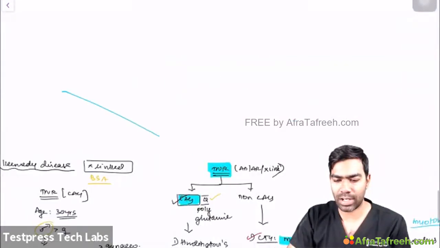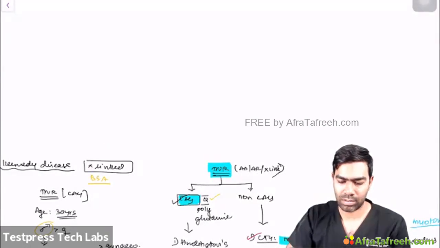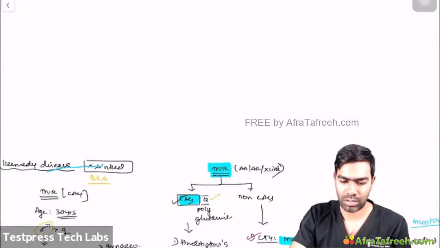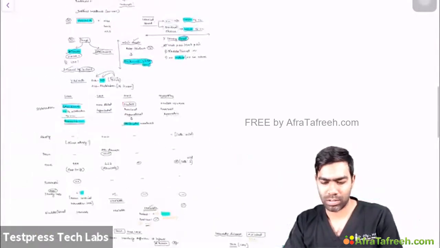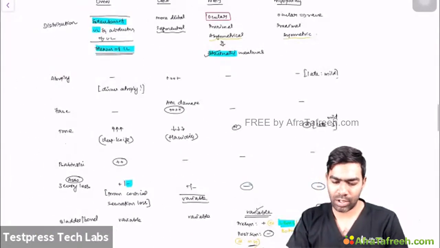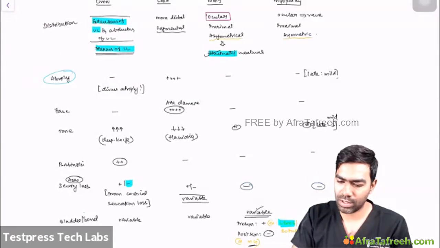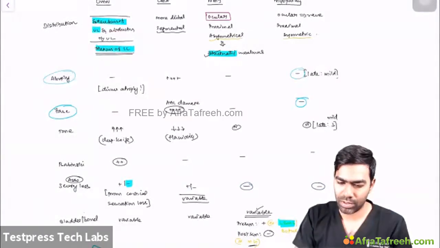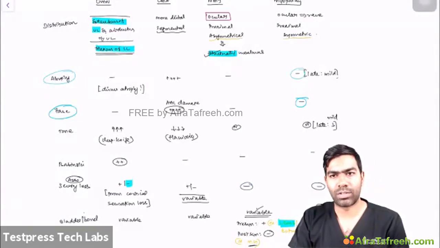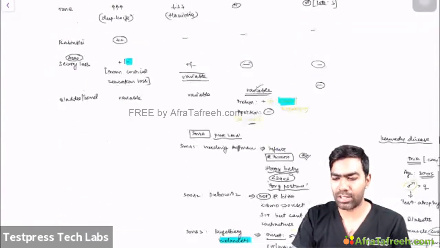Sometime back we studied this, in muscle disorders we don't see atrophy surely, we don't see fasciculations. So definitely this is not myotonic dystrophy.